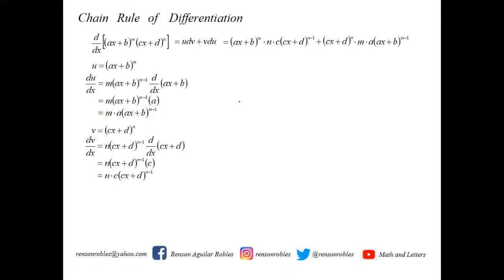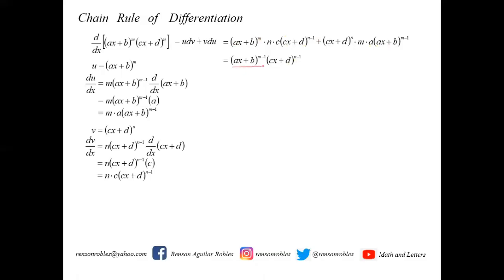And then we shall now use the common monomial factor. This is ax plus b raised to m, and this is ax plus b raised to m minus 1, and the common monomial factor is ax plus b raised to m minus 1. And for cx plus d raised to n minus 1 and cx plus d raised to n, the common monomial factor is cx plus d raised to n minus 1.